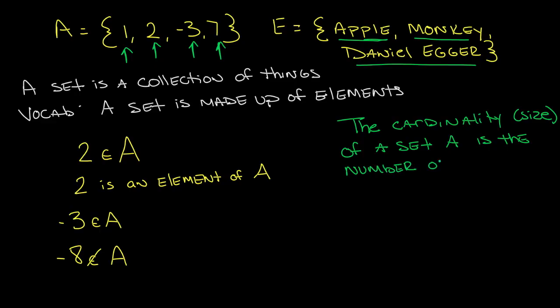And usually we use this notation, absolute value of A. It looks like the absolute value symbol, which we'll talk about later. So in this particular case, where A is equal to 1, 2, minus 3, 7, the cardinality of A is 4. And the cardinality of E in this case, let you think about that for a little bit, is 3. Okay, that's really all there is to cardinality. Fine, let's jump to the next topic.